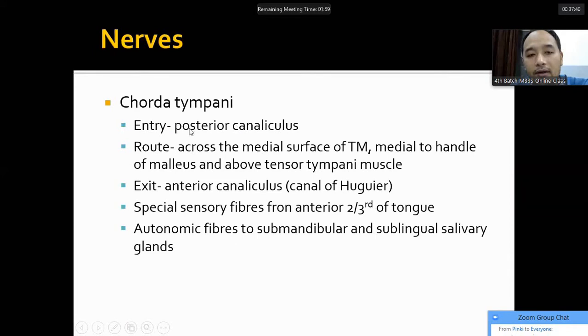It travels across the medial surface of the tympanic membrane, medial to the handle of the malleus, that means in between the incus and the malleus, travels above the tensor tympani muscle, and exits through the anterior canaliculus in the anterior wall of the middle ear, the canal of Huguier. The chorda tympani carries special sensory fibers, taste sensation from the anterior two-thirds of the tongue, and also autonomic secretomotor fibers to the submandibular and sublingual glands.